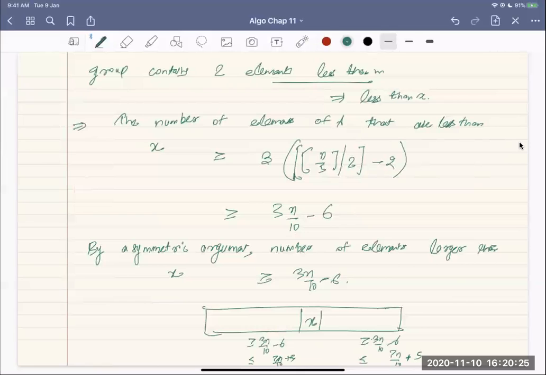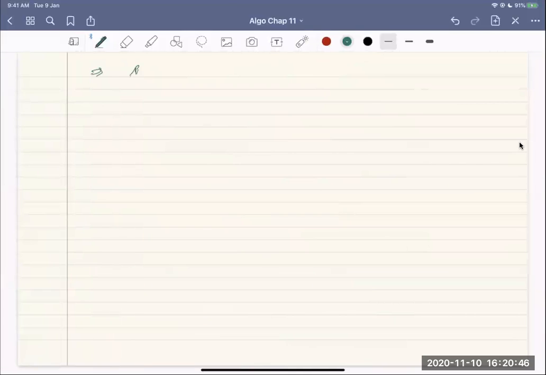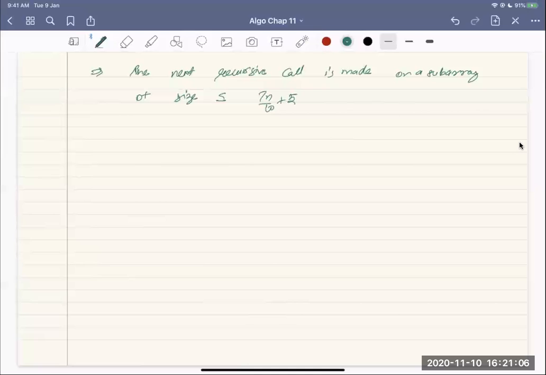So if I take the larger among the two, the recursive call would be made to either this array or this array, and the larger among these is 7n by 10 plus 5. So the next recursive call is made on a subarray of size less than or equal to 7n by 10 plus 5. Okay. Fine.